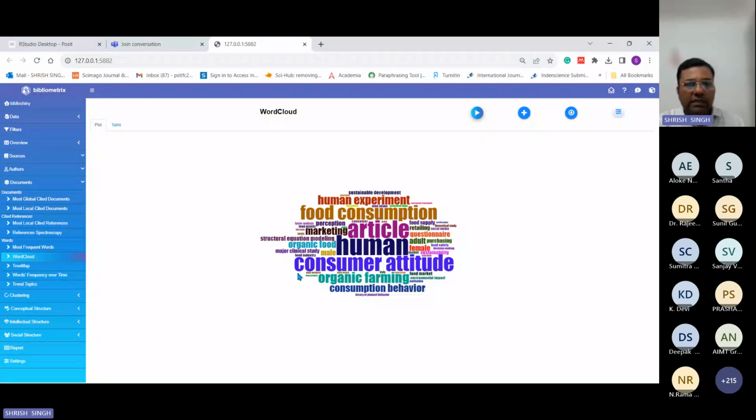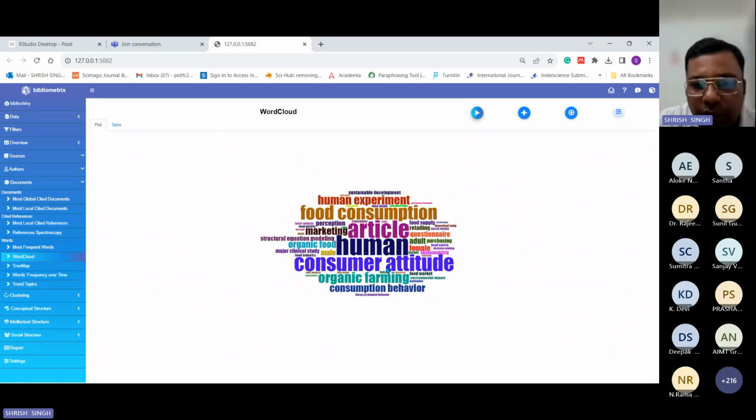It is showing that out of these 258 articles, the most commonly used keywords were consumer attitude and human, and these sizes show the frequency of the words used.